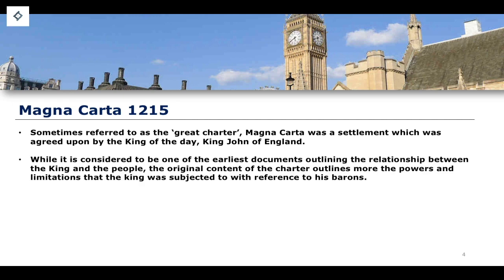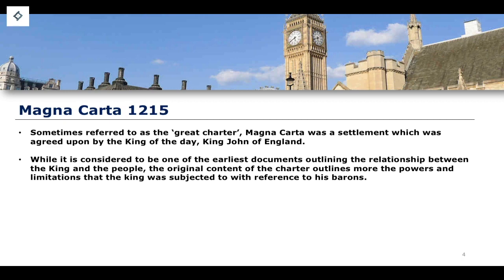And while it is considered one of the earliest documents outlining the relationships between the king and the people, it's a little bit oversimplistic and to an extent inaccurate to make the argument that it is a relationship between the king and the people, in the sense that we're talking about the general population at the time.